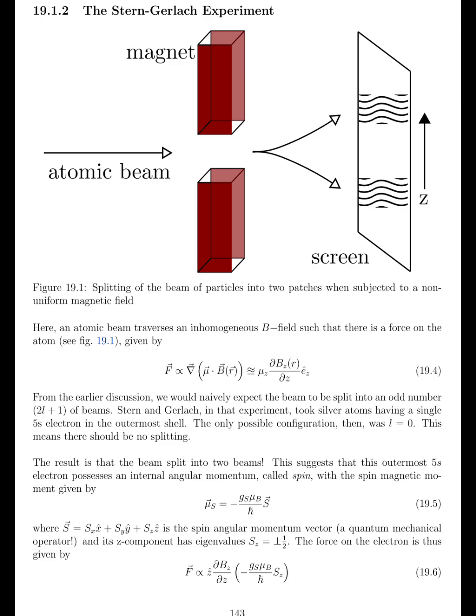So once this experiment comes out, people realize that even the single unpaired electron sitting in that S-wave state, note, Srinivasa was very precise. He says 5s1. What's that 1?